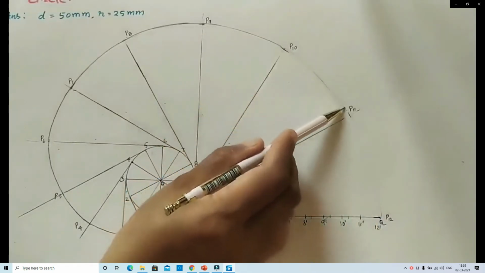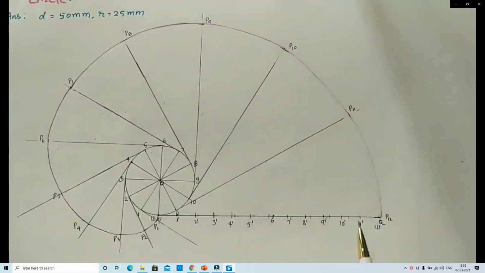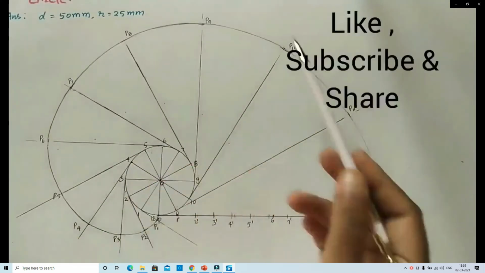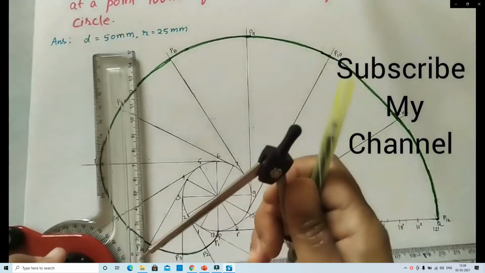Our hand is free to move up to the end. In this way we draw the smooth curve. Okay, this is the involute. We draw the involute of circle shape.